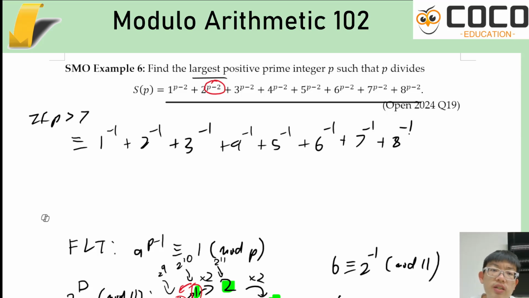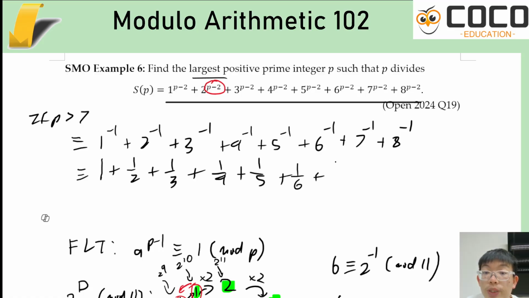And if you're saying, but it's p, I don't know what p is, how do I find the inverses of all this mod p? You don't need to yet. It is actually just a bunch of fractions. And yes, you can add, subtract, multiply and divide fractions normally in modular arithmetic as well, which is amazing. Both from a wow, that works in math, as well as a wow, that's really good for me perspective.